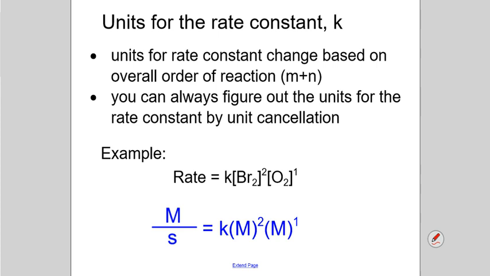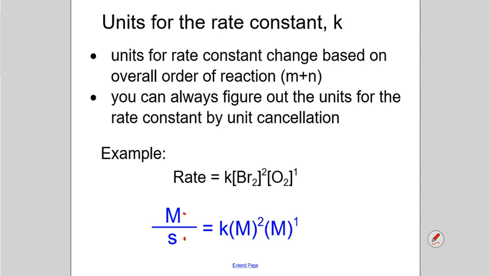Okay, so going back to talking about units of k. The units for k, the rate constant, change based on what the overall order is. You can always figure out the units by canceling things out, which is what I did earlier. In this example, I know that the rate has units of molarity per second.